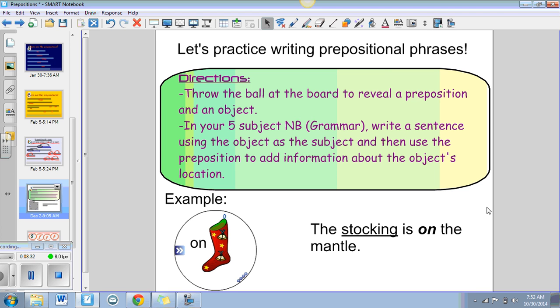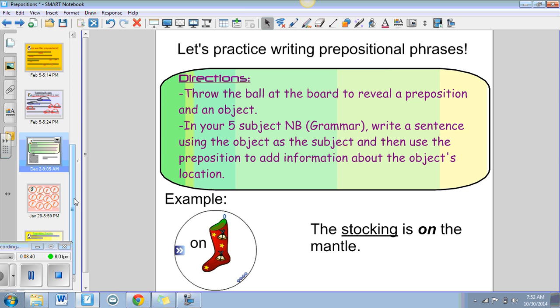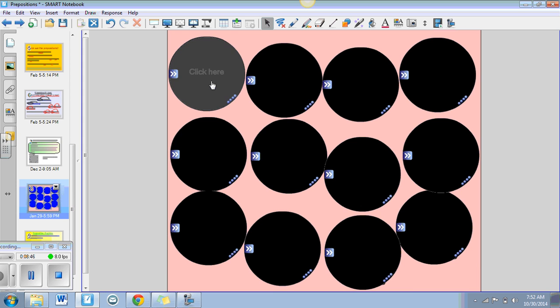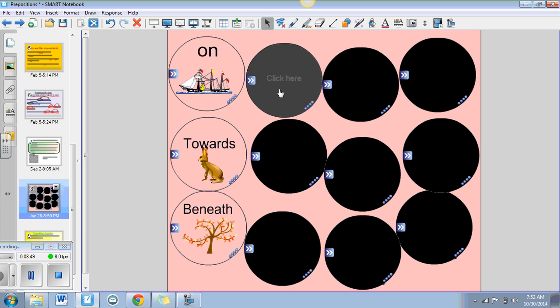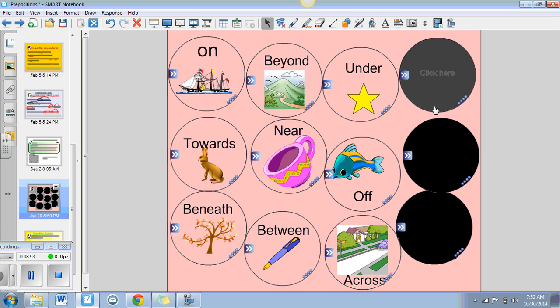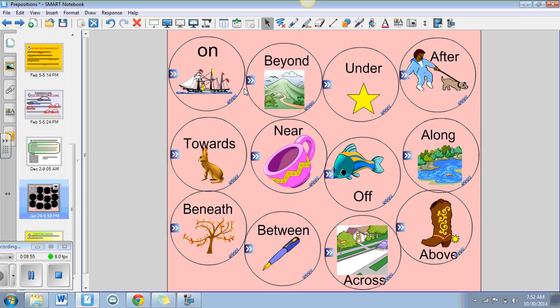So I might say, the stocking is on the mantle. So go back to my example as you try to create your own. Here are your options. I'd like for you to try to create at least two sentences. So you've been given your preposition and you also have been given your object.